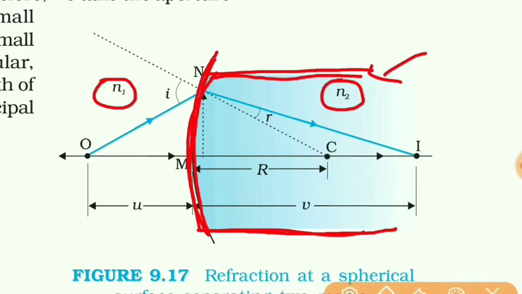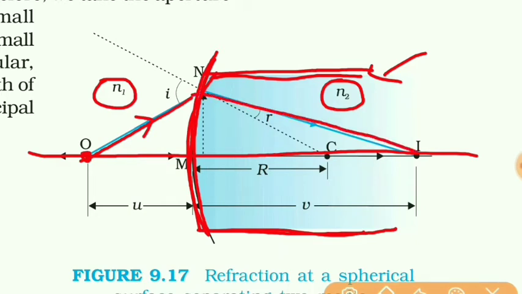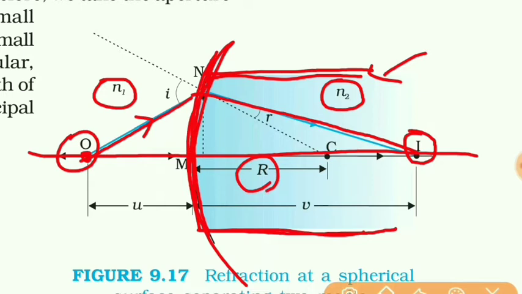Now an object is placed on the principal axis, and due to refraction an image is formed at point I. So this I is the image, O is a point object. As this is a curved surface, it has a radius of curvature. This C is the center of curvature.